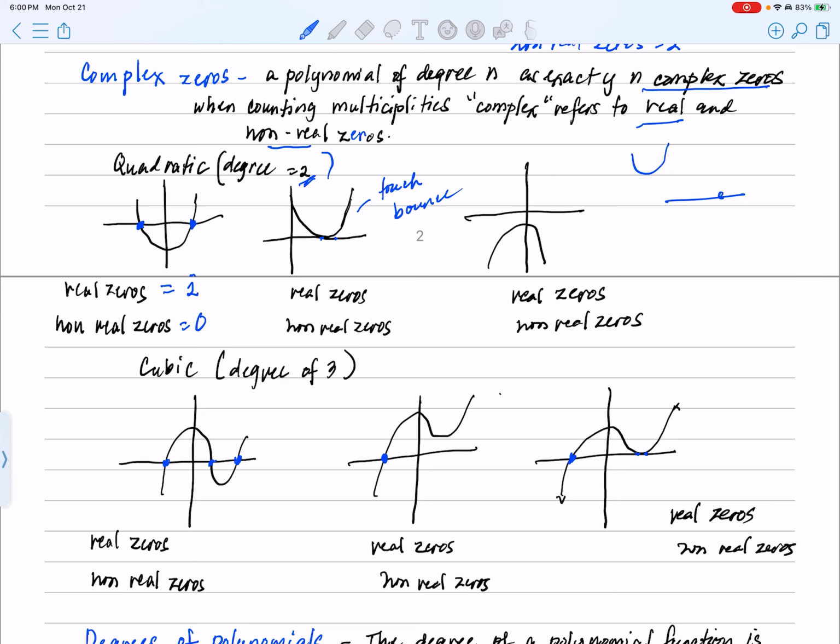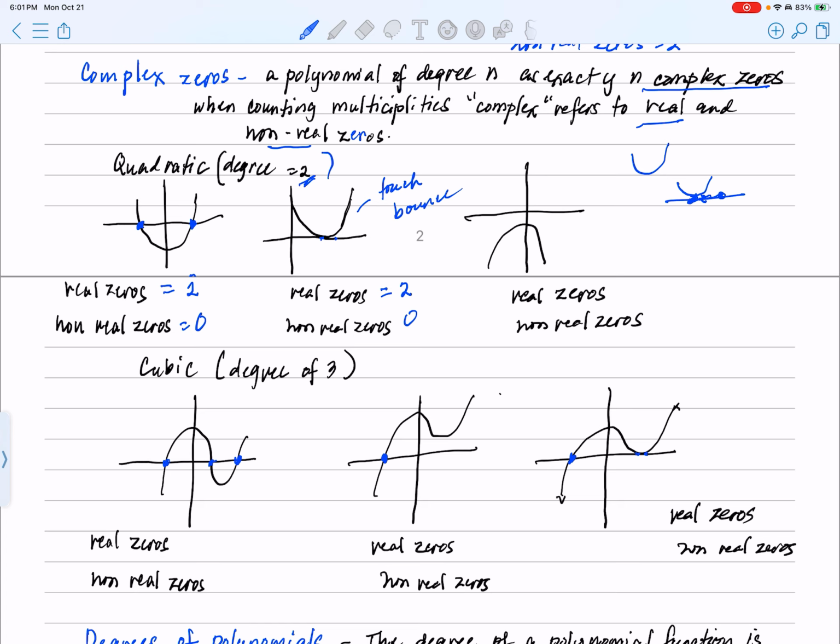As this point gets closer, at that point right there, there are 2 zeros, or 2 intercepts happening there. That means you have real zeros 2, and the non-real is 0. Okay? You have to add up.